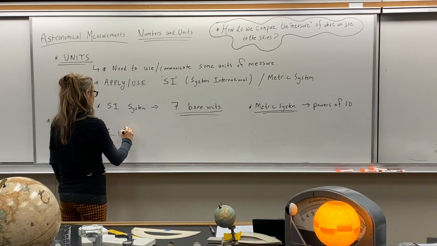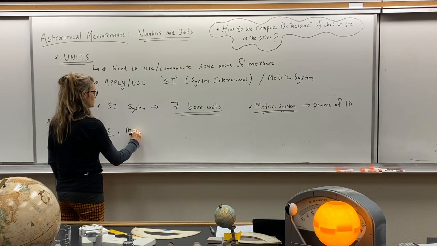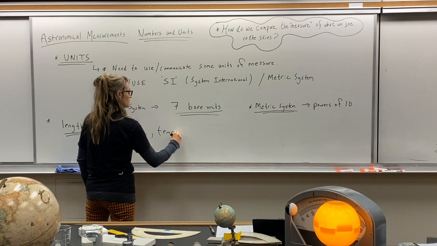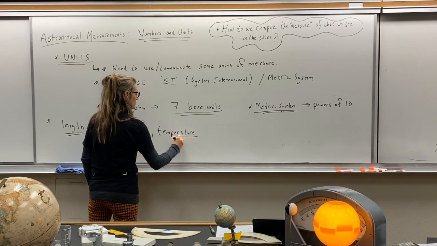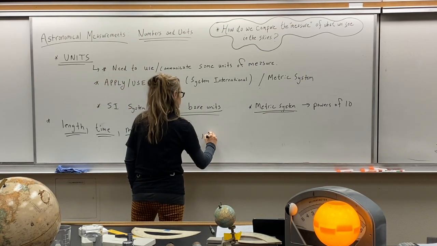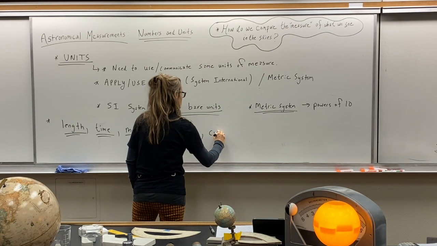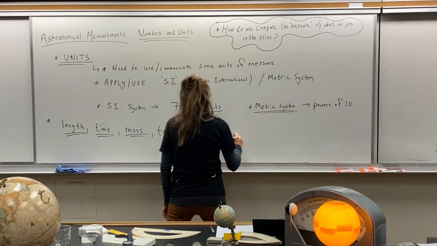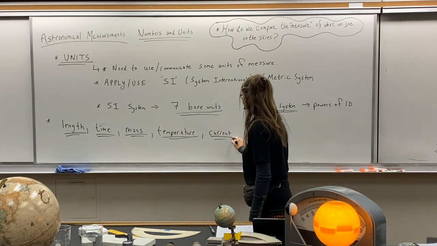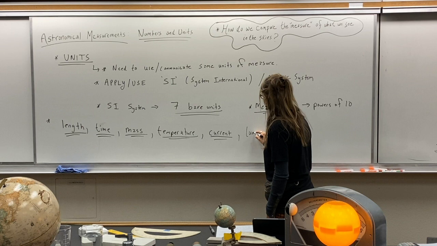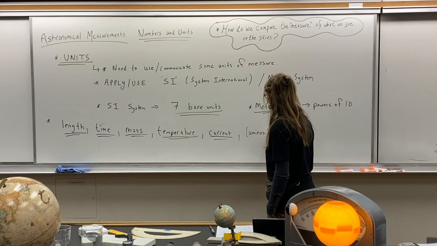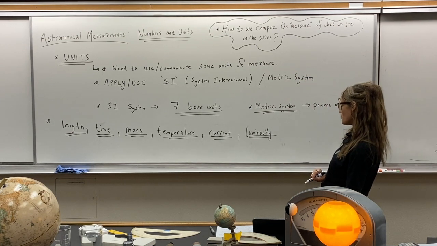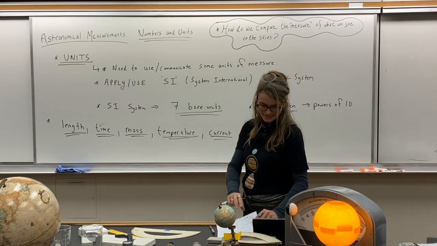We'll have a unit for mass, temperature, electric current, and then we're going to have one for luminosity, and I'm missing one more: temperature, current, luminosity.